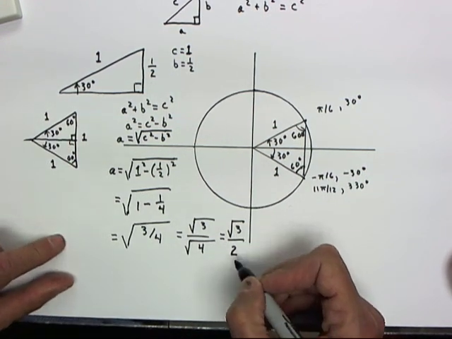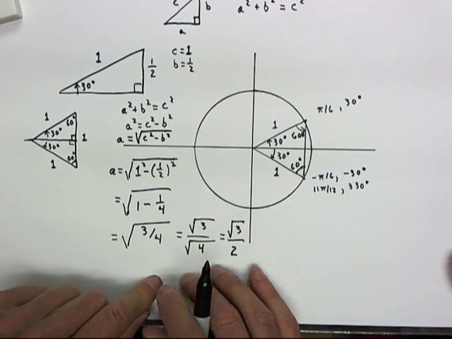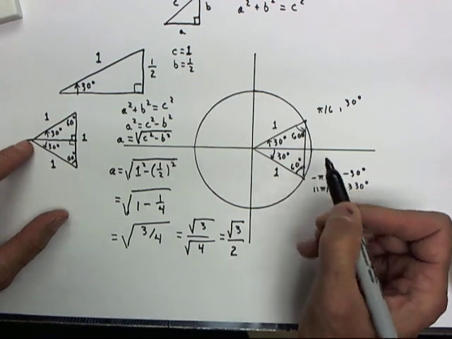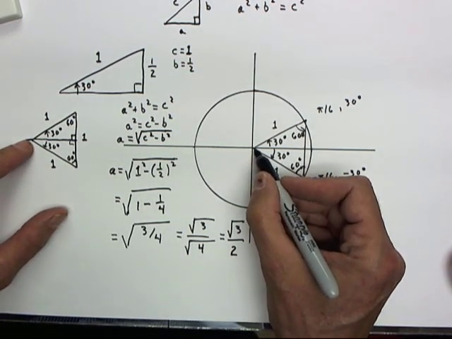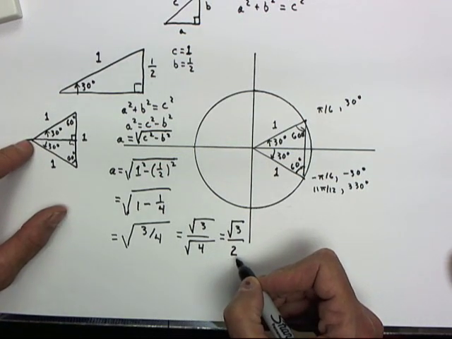Now, this is the third side of this triangle. The third side of the triangle is from here to here. So that from here to here, the distance is the square root of 3 over 2.